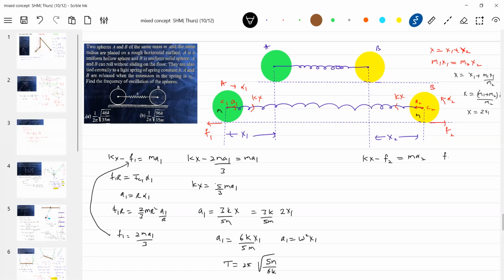And again, same thing, f2 into r should be equal to IC2 alpha 2, and a2 equals r alpha 2. So this should be f2 into r equals 2 by 5 m r square a2 by r. So f2 is equal to 2 by 5 m a2. Let me substitute that here. A2 it is, sorry.